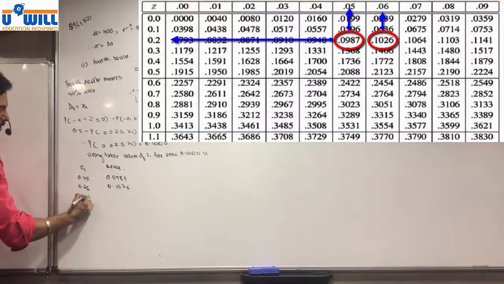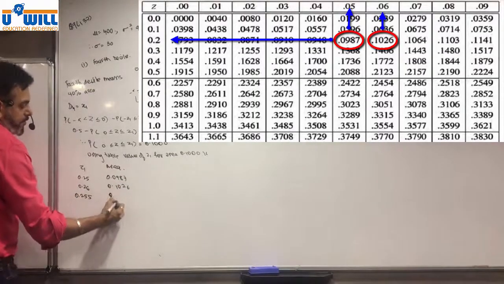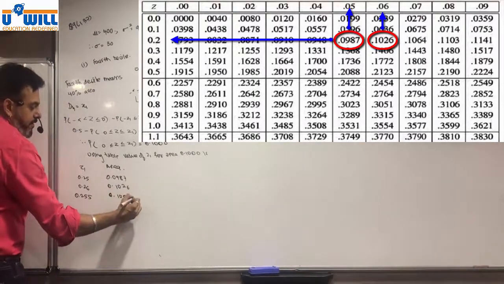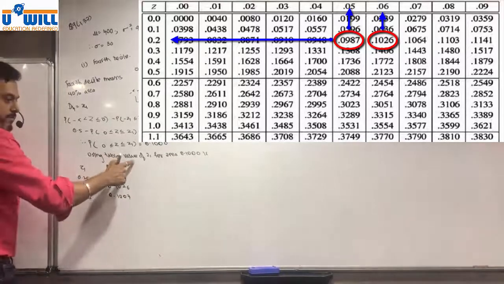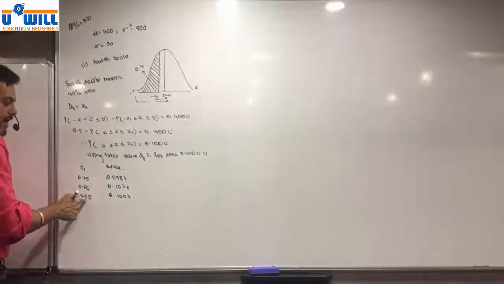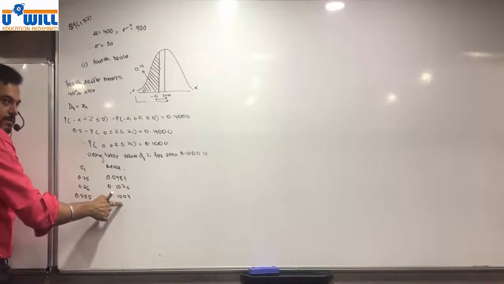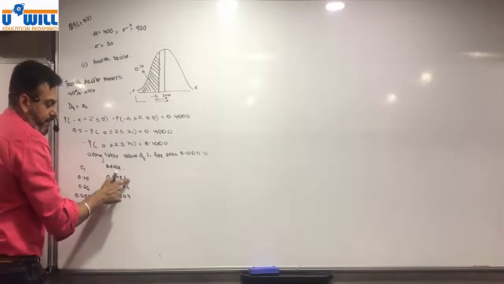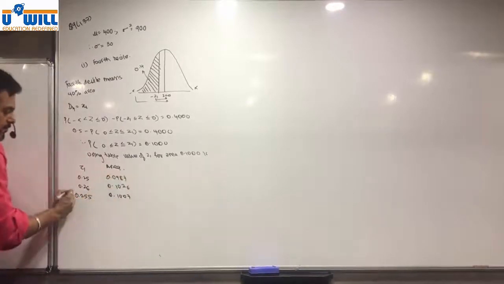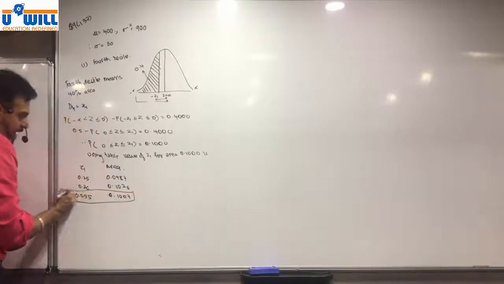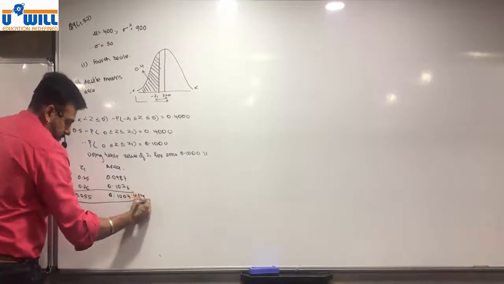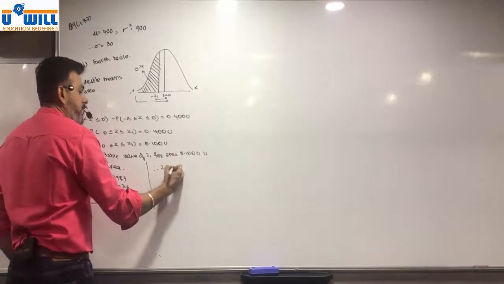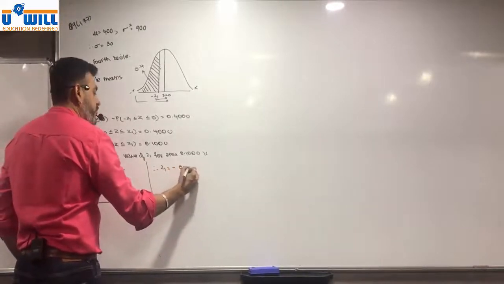So the average is 0.255, and the area is 0.1007. Which one is nearest? 0.255 is the nearest, because it is 1007 and this is 26 and this is 87. So this one, which is the average. Therefore, Z1 is equal to minus 0.255.